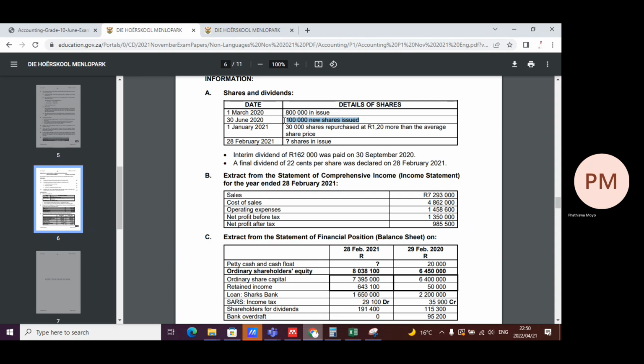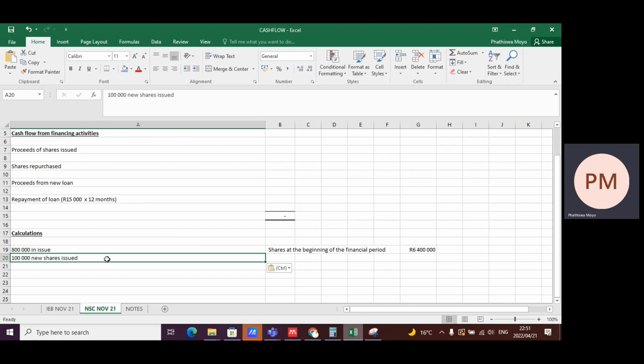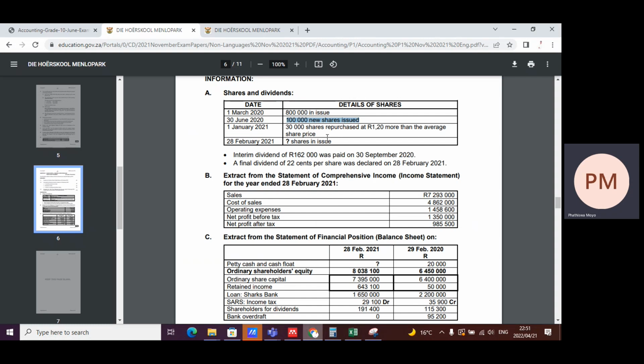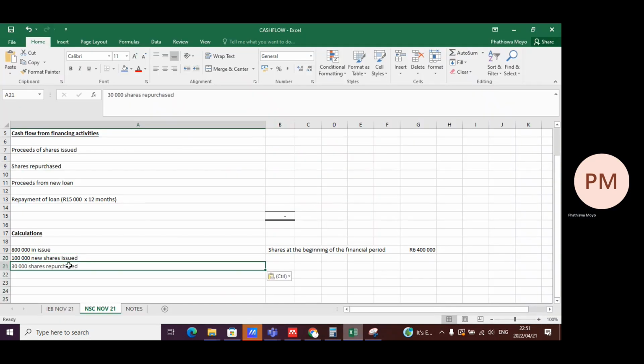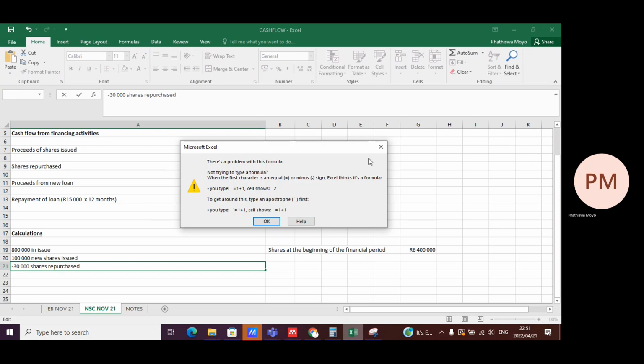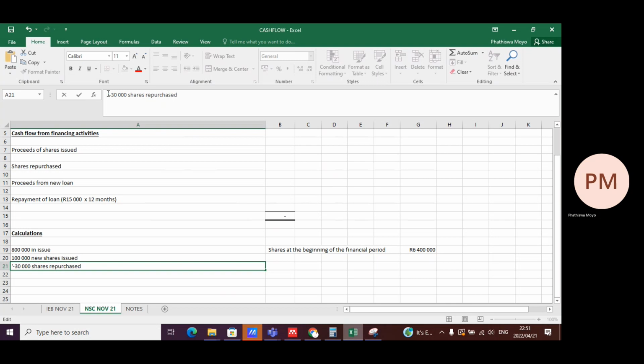The new shares issued, we don't know. And there's 30,000 shares repurchased above the average price.